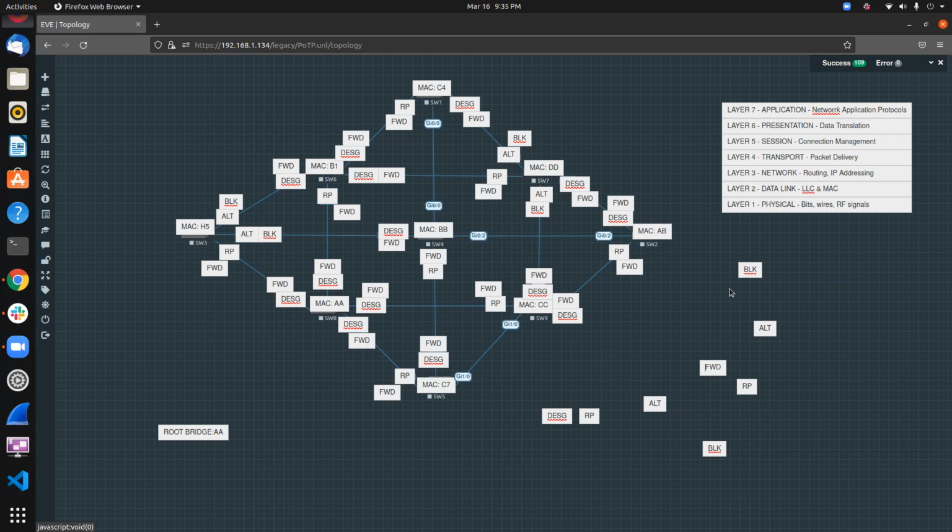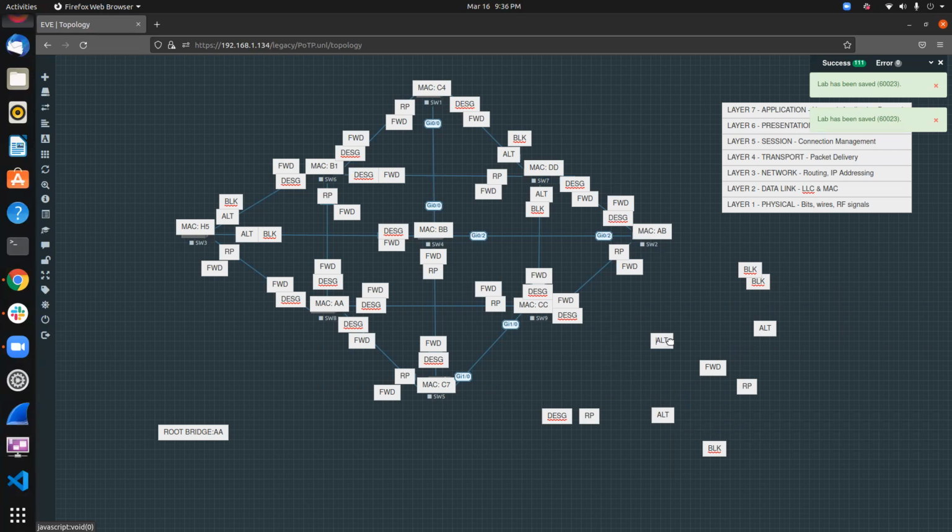I see a forwarding state coming off of AB. So I know that switch has an RP in that direction. Things are moving forwarding. I'm not messing with that side. Then I'm looking at switch 4 to C7, and I'm seeing a forwarding on that one as well.